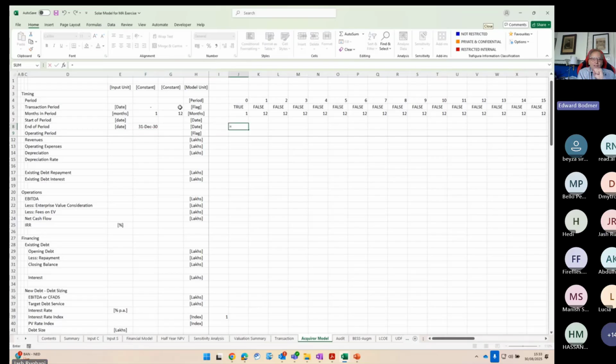So how about using an if statement? Put an if statement, if it's the transaction period. So if it's true upstairs, then do a comma and put that one and press F4.